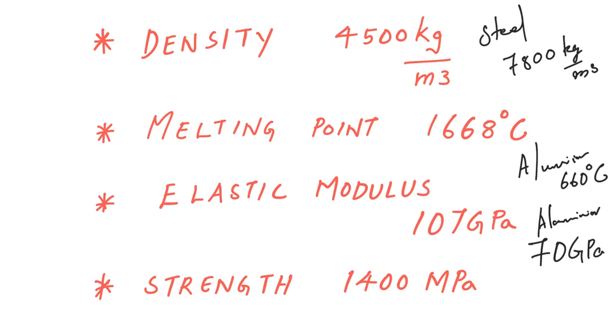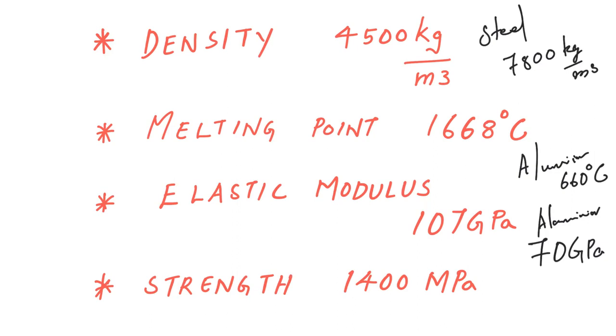So these are a few benefits of titanium, and we have a few more. The strength of titanium alloy or titanium is not too bad. Its strength is around 1400 megapascal at room temperature. So that's also not a bad value. It has sufficient yield strength.